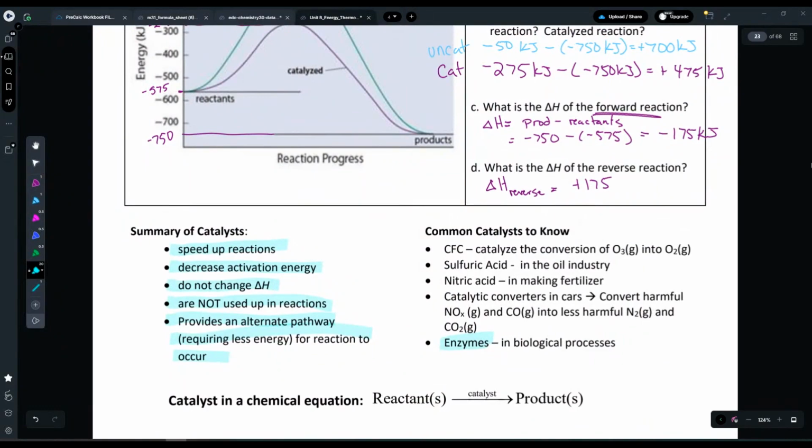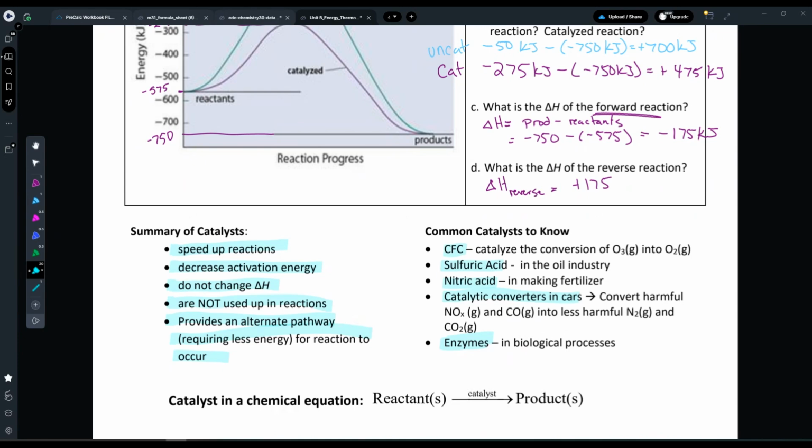Other catalysts would be chlorofluorocarbons, sulfuric acid, nitric acid, and catalytic converters in cars. So you should be aware of some different types of catalysts, but the more important thing to know is what catalysts do and what they do not do.